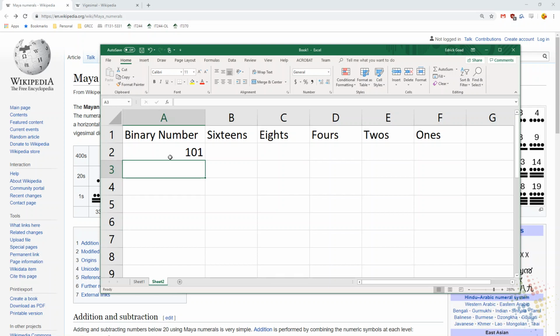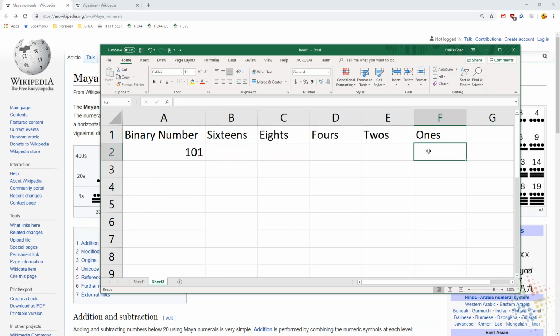Now the binary number 101 is not the decimal number 101, and that will hopefully make more sense shortly. But the same process we went through with decimal, with base 10, carries over with the 101. So here I've filled out 1s, 2s, 4s, 8s, 16s. I could continue this on, 32s, 64s, and so on. For this demonstration, this will be more than enough.